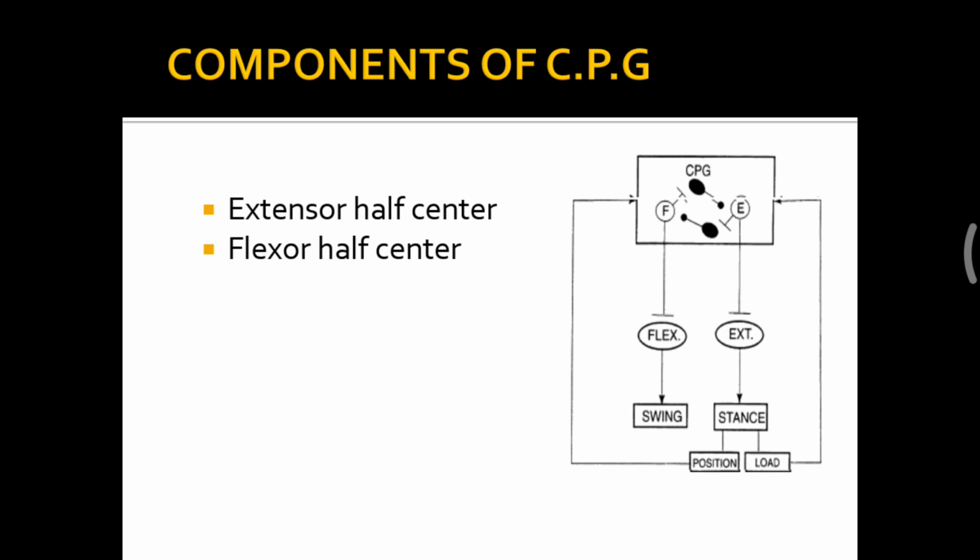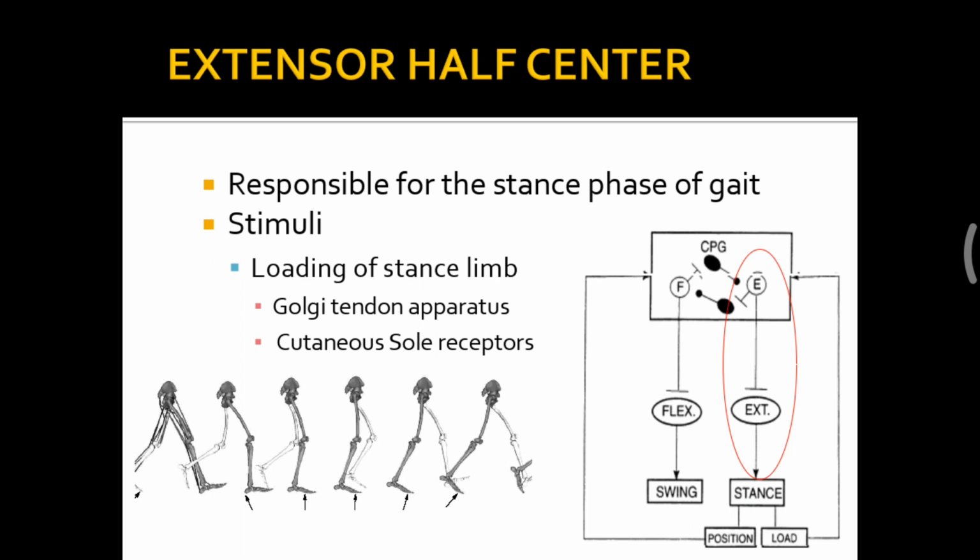Once the bottom black neuron is stimulated, it goes and stimulates the flexor neuron. So in your central pattern generator you have four neurons inside, and you have an extensor half center and a flexor half center. Right? So the extensor half center is responsible for the stance phase of gait.